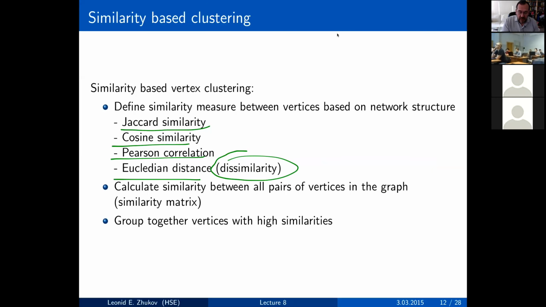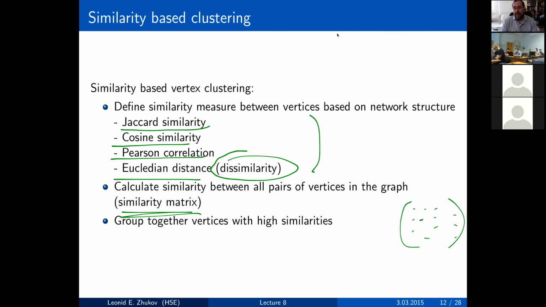When we're dealing with social networks, you should think about which of those similarities actually makes more sense. After we're done with selecting a similarity, we can calculate the similarity matrix. In fact, we did it last time: you just calculate a matrix of pairwise similarities.